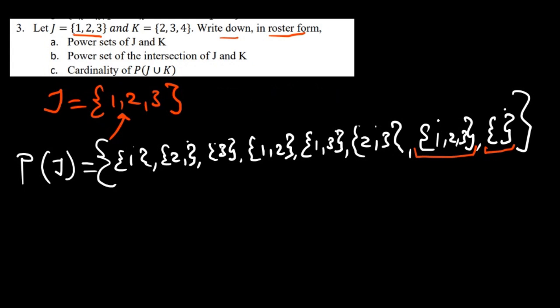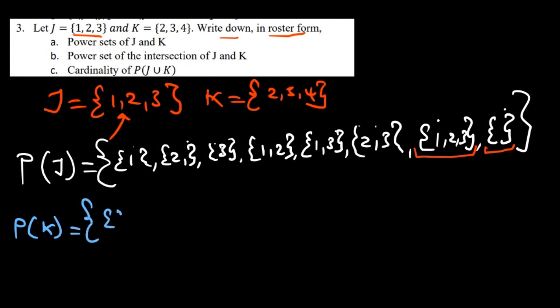Let's write down the power set of set K. Set K has {2, 3, 4}. So how can we list its power set? The power set of K is equal to: the 2 itself, the 3 itself, the 4 itself.